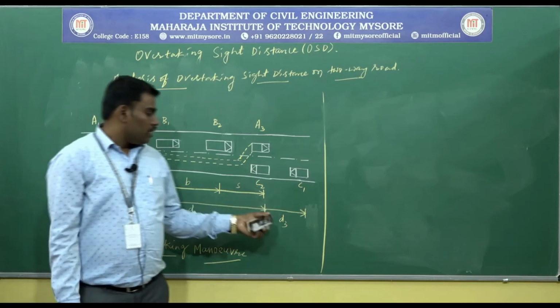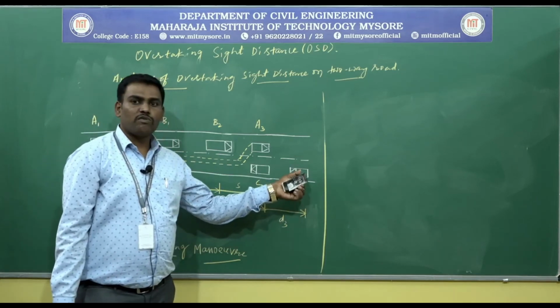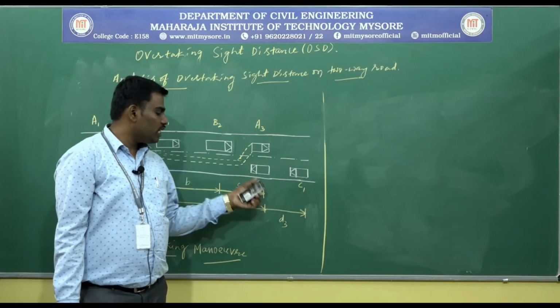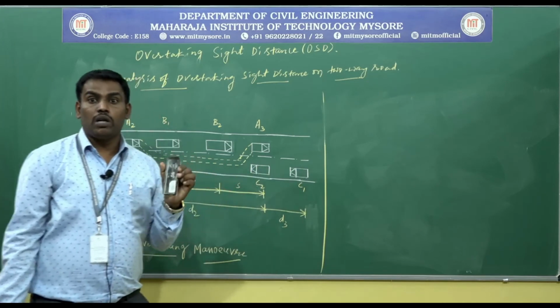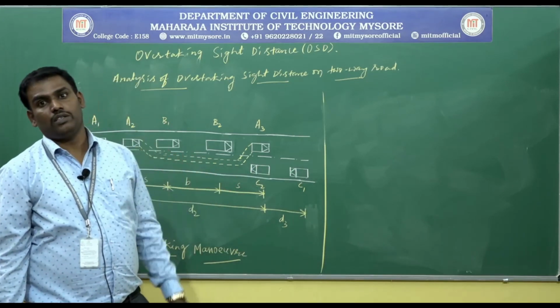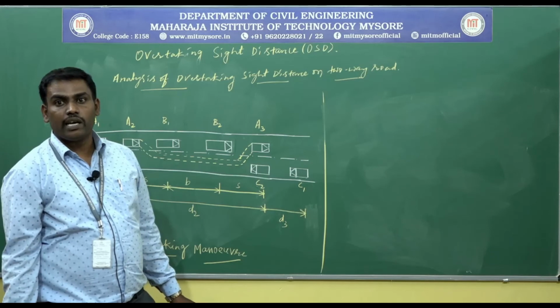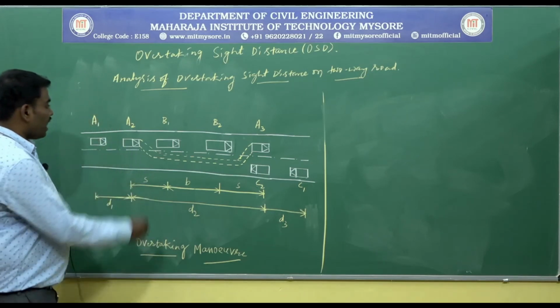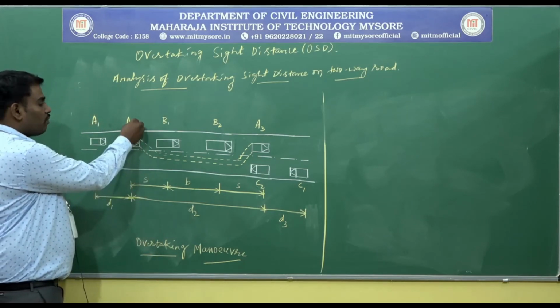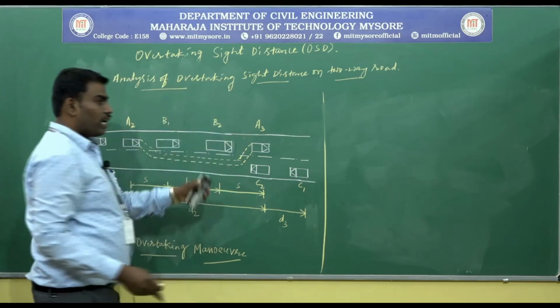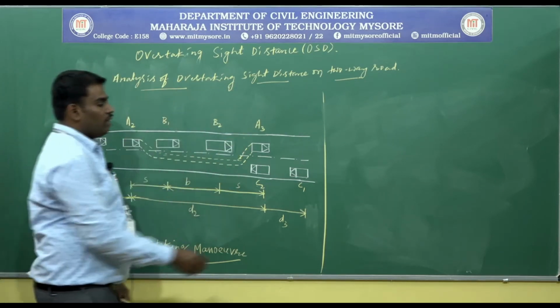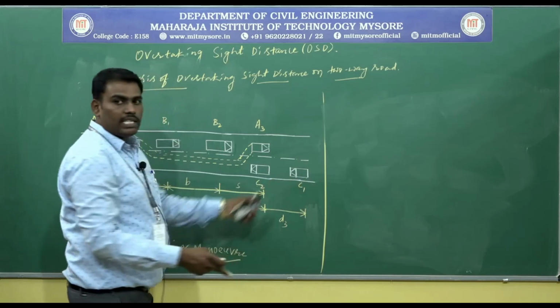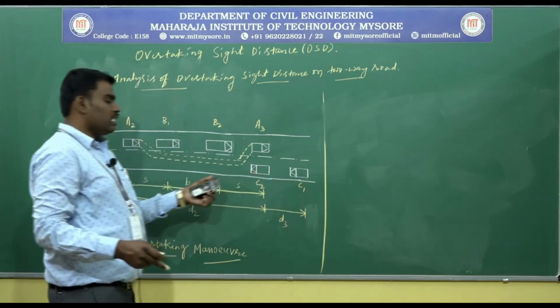The vehicle C changes its position from C1 to C2 during the actual overtaking operation. During the actual overtaking operation means when the vehicle A changes its position from A2 to A3, during that time itself the vehicle C changes its position from C1 to C2.